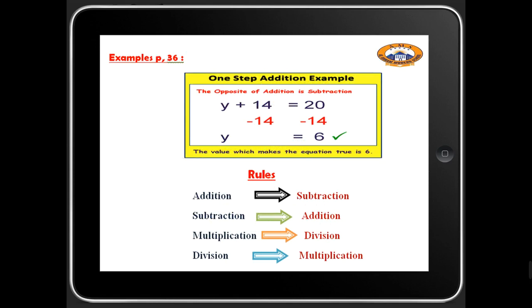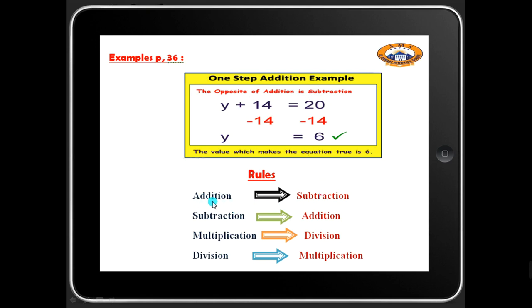Before we do that, there are some rules that you're going to keep in your mind, so we can use them when we solve the equation. The first one: when you see the addition sign, move the number to the other part of the equation and change the addition into subtraction.